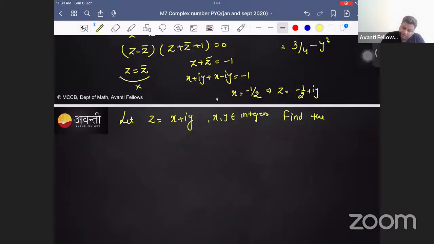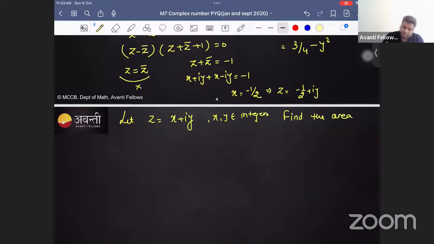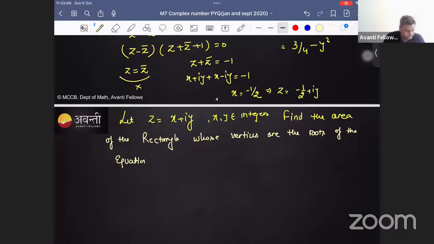Find the area of the rectangle whose vertices are the roots of the equation z bar z cube plus z z bar cube is equal to 350.